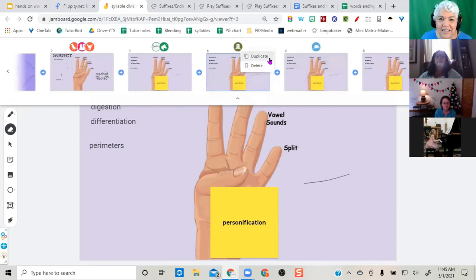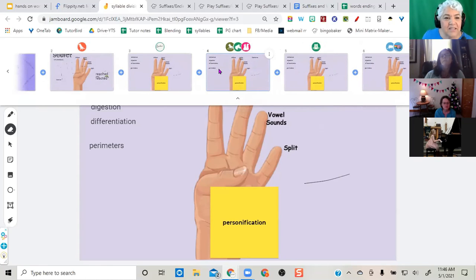So find a page that has nobody else on it and put your name on it. I want you on your own frame, and then start pulling the words down and go through steps 1, 2, 3, and 4 to see, as your students would, about syllabicating these words.